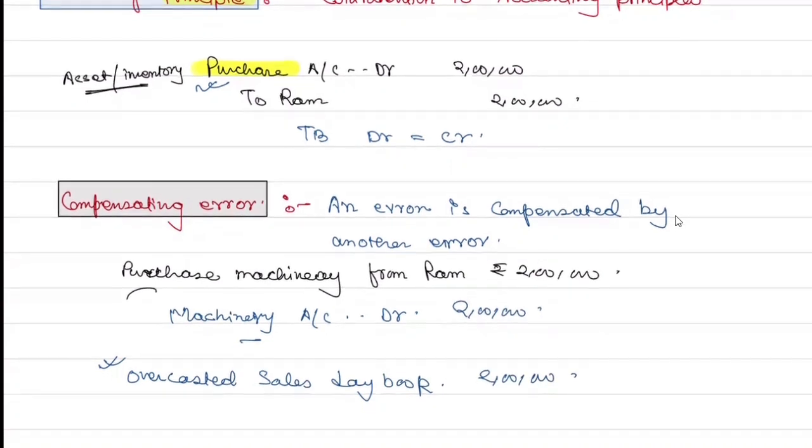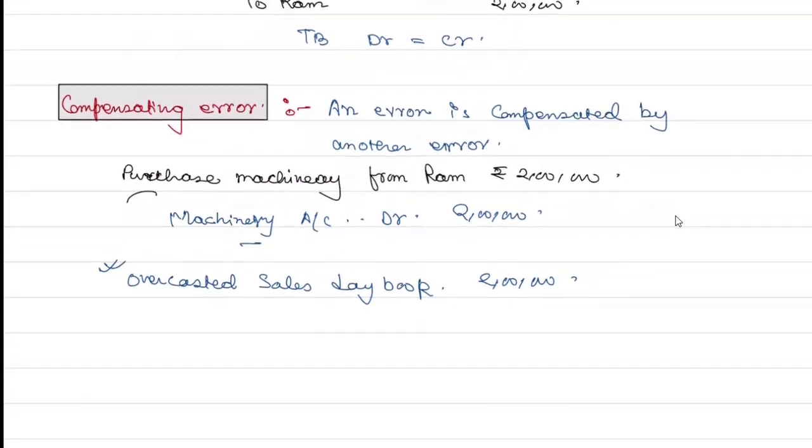It will agree. Why? Because the liability was only going to increase. If I had credited Ram's account, my liability would also increase. So when I overcast the sales day book, I am still increasing my liability. So my trial balance will show debit equal to credit. These are the kind of mistakes where one mistake is compensated by another mistake. So my trial balance agrees.